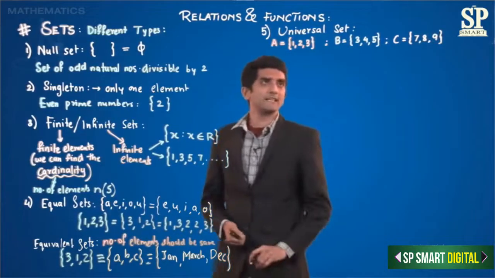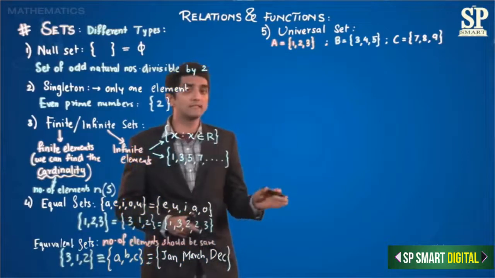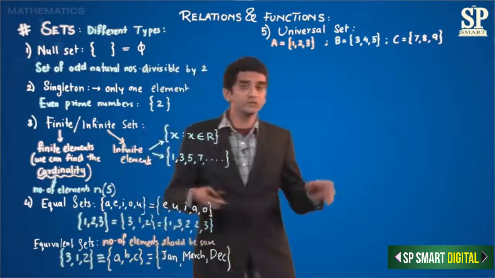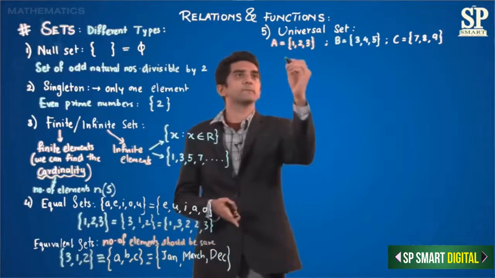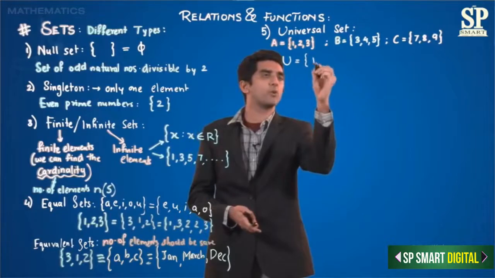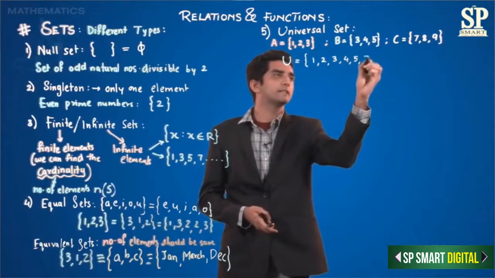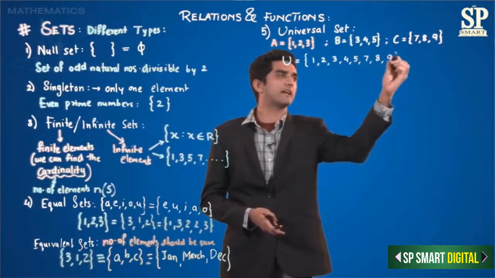Now if I try and find out the universal set to all these three, the universal set would be generally represented by U, and that is going to be 1, 2, 3, 4, 5, 7, 8 and 9.